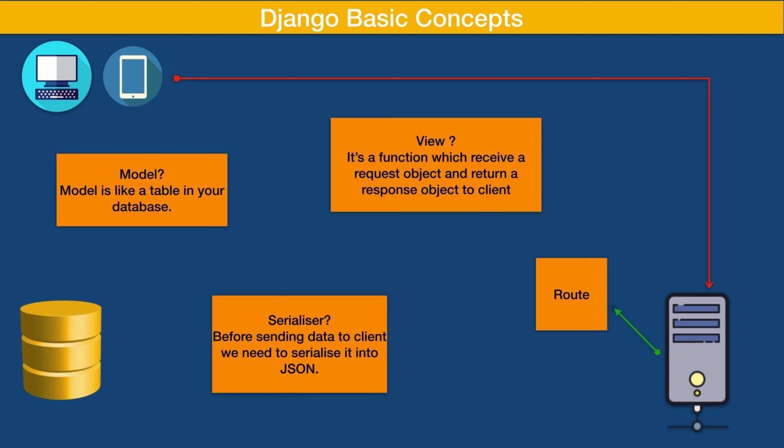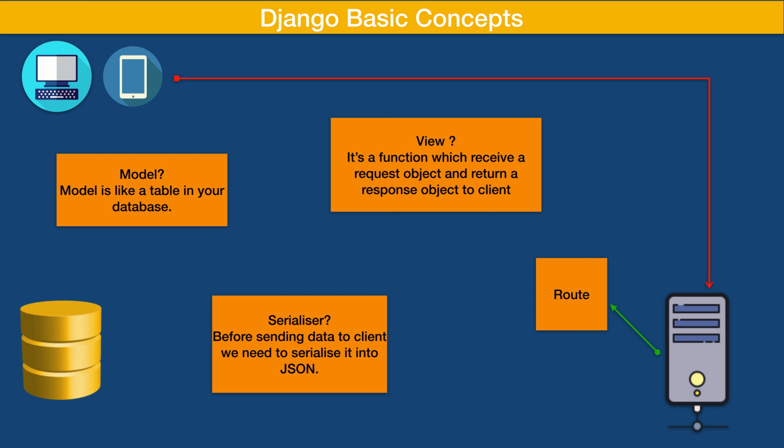Now, when you make a request, it goes to the route. For example, you make a request to localhost 8000/ABC. Now we're gonna have to define that route in the URL files. Once that route hits this URL file, it looks for the view which is defined in our route path configuration.